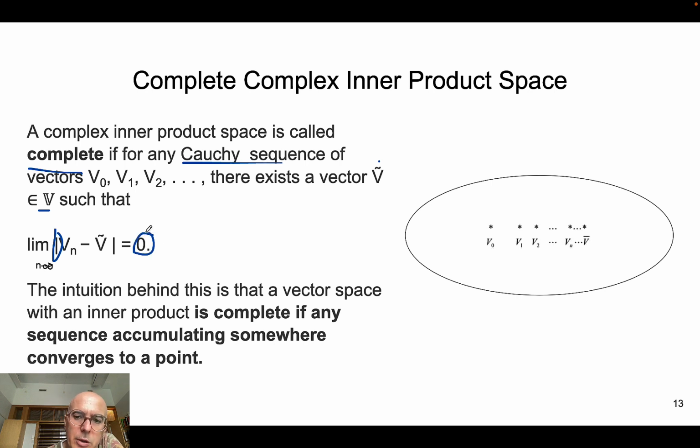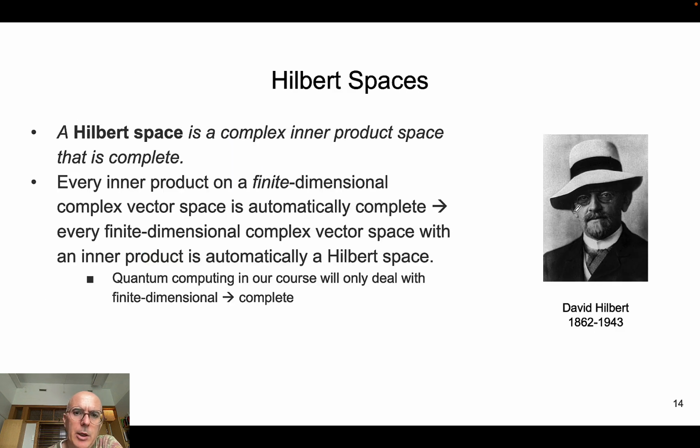So the intuition behind this is that a vector space with an inner product is called complete if any sequence is basically accumulating somewhere, converging to a point here.